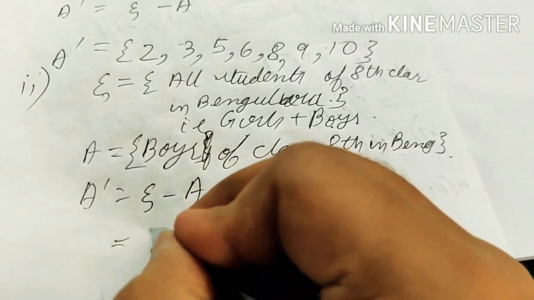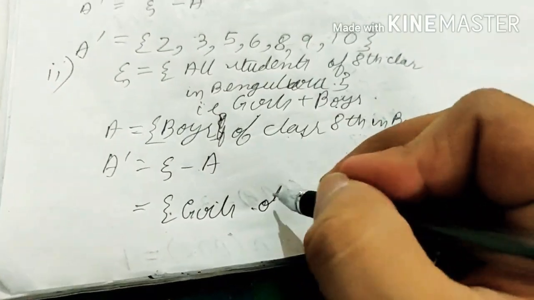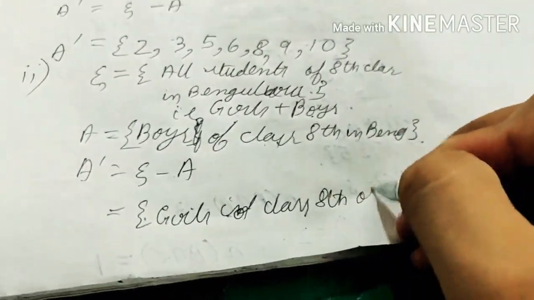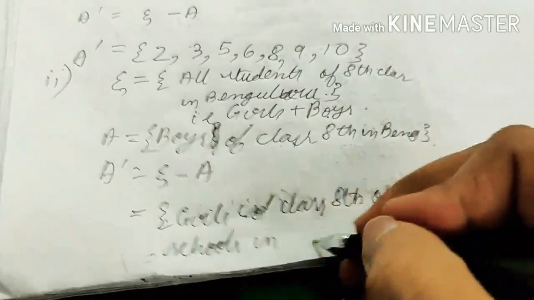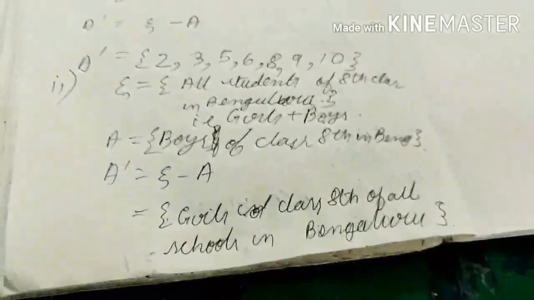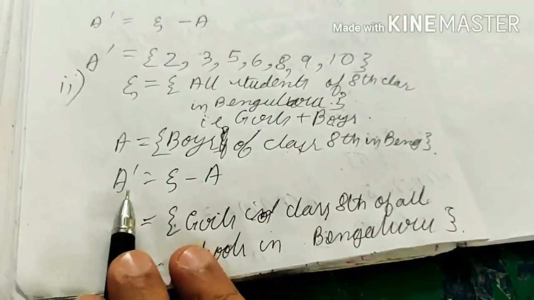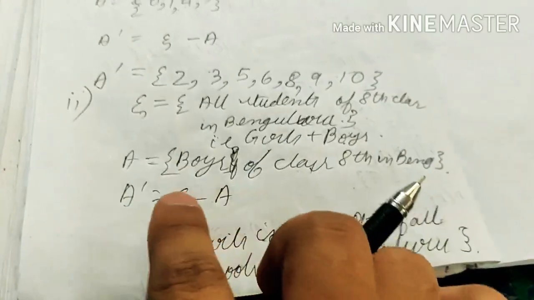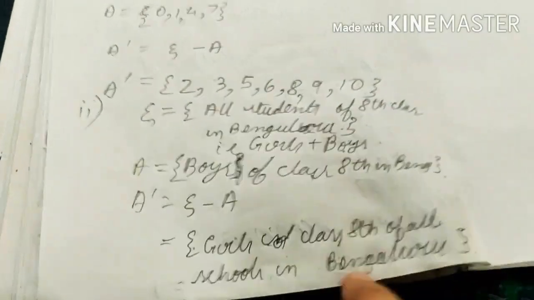So A's complement will contain girls in class 8th of all schools in Bengaluru. So this is our A complement.